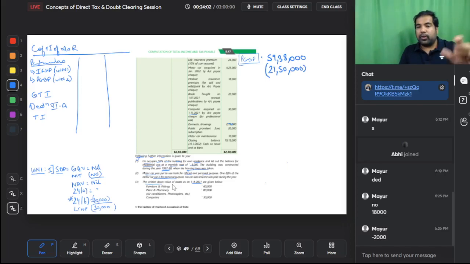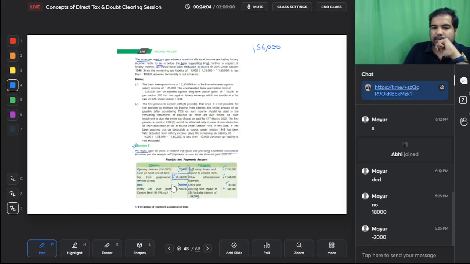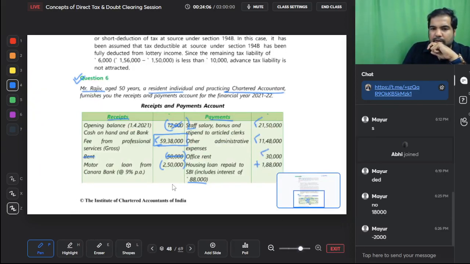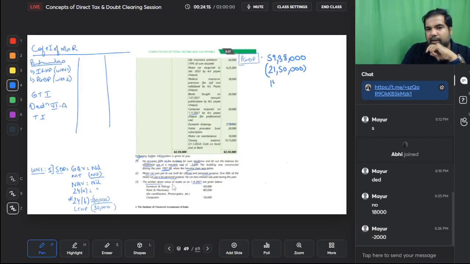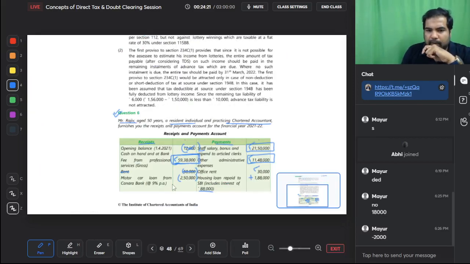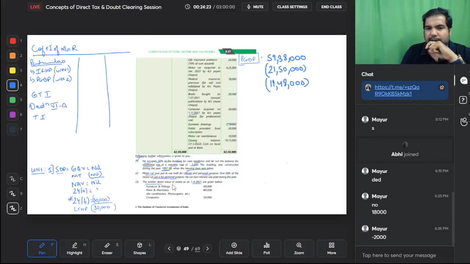Guys, there is no profit to take this time, so I have to start from scratch and calculate. So this one is done, this one is done. Administrative expenses 11,48,000. I can minus that. Next, office rent 30,000. I can minus that also because that's an office expense.